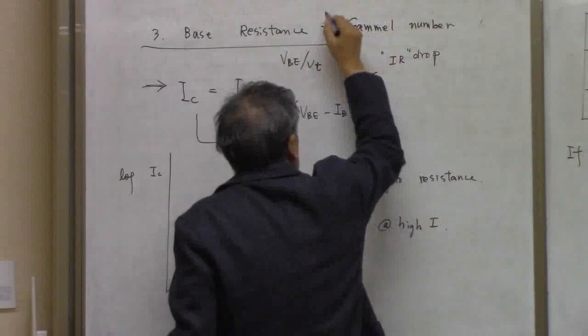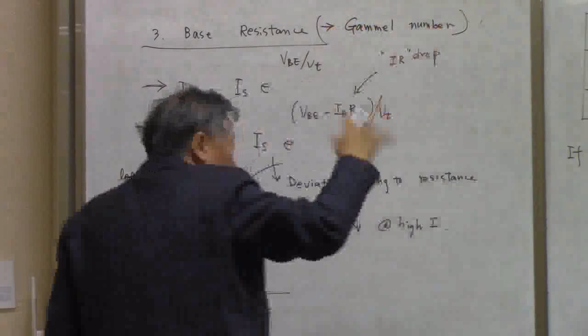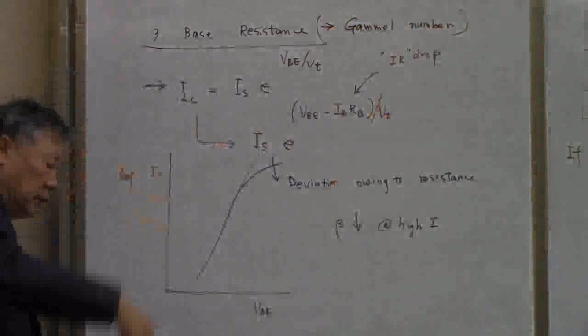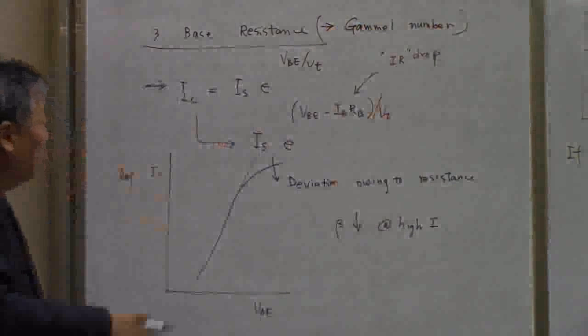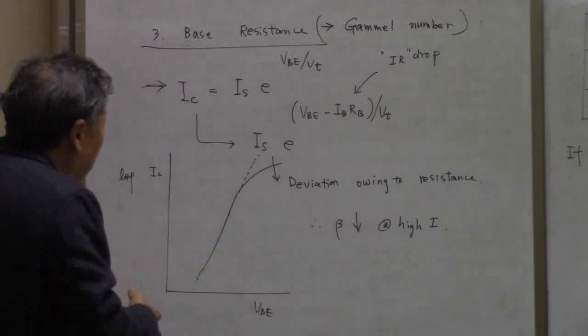It is related to the gamma number. We want to keep this gamma number as small as possible to get a high collector current.